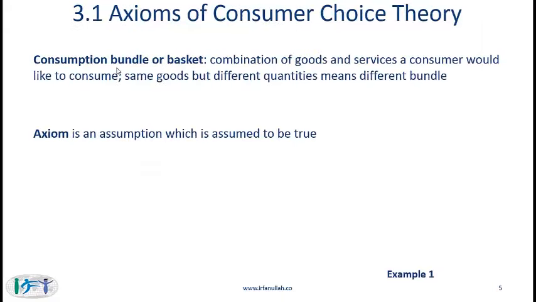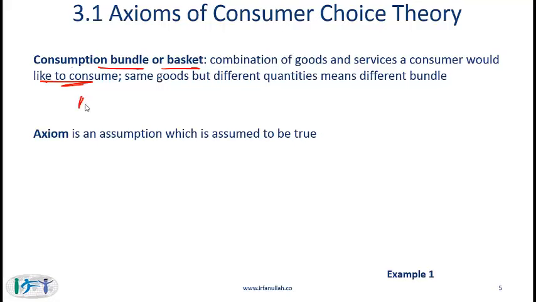Before we get into the axioms of consumer choice theory, let's just define a consumption bundle or basket. This is a combination of goods and services a consumer would like to consume, and note that the same goods but different quantities means a different bundle.